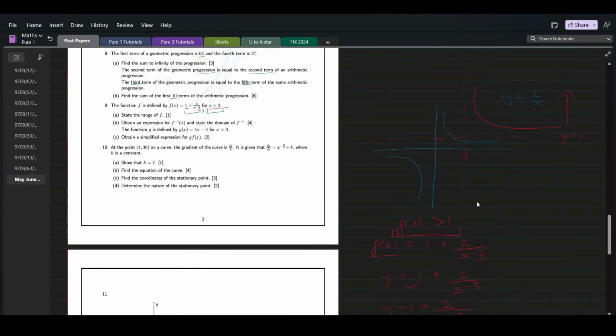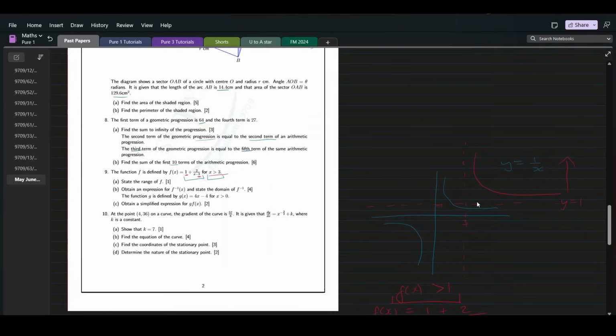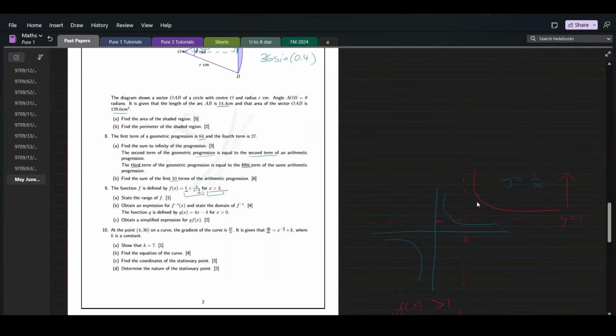Okay, now part C says obtain a simplified expression for g(f) of x. We'll do it on top here. So let's just write out the two functions. First, f of x is 1 plus 2 over x minus 3, and then g of x is equal to 4x minus 4, and we want g(f) of x.